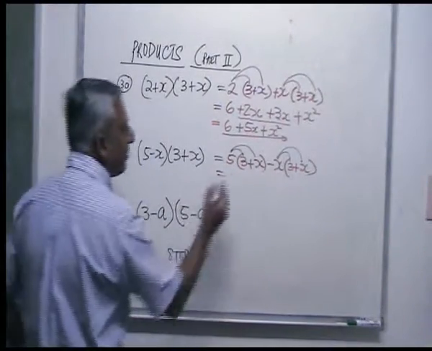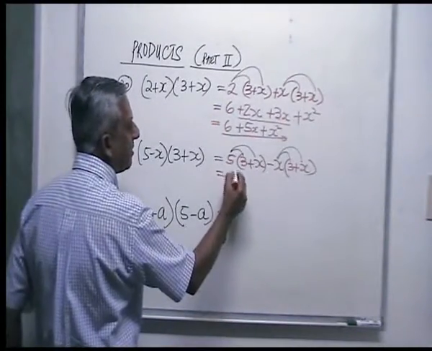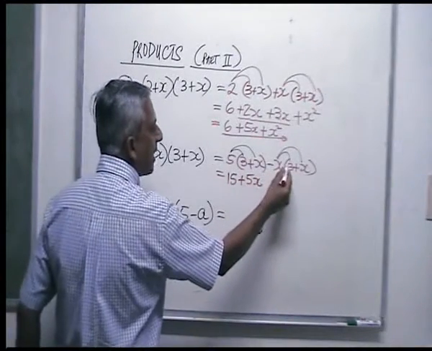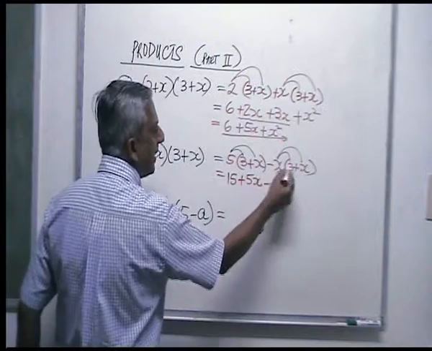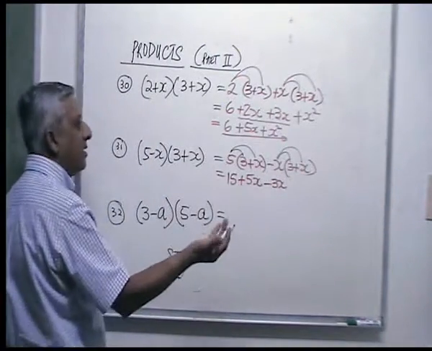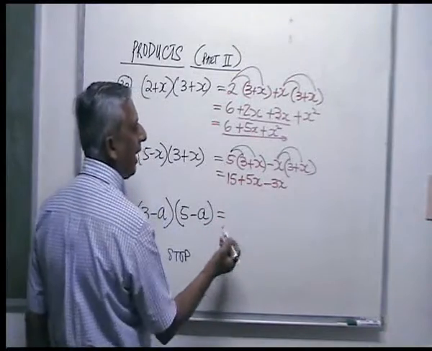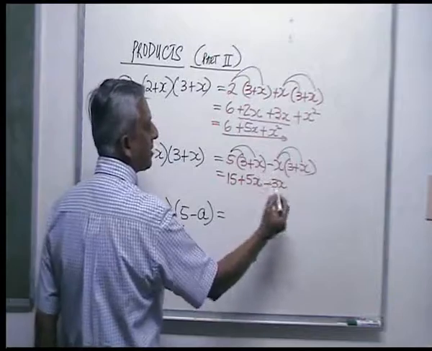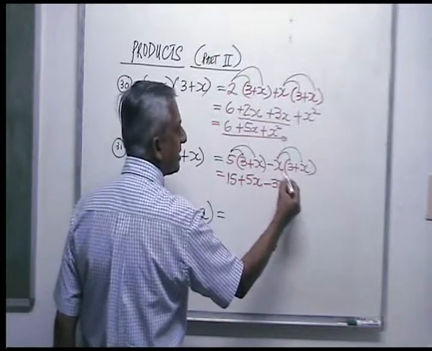Okay, so 5 times 3, 15. 5 times x, 5x. Minus times plus is minus. X times 3 is 3x. We don't say x3, we say 3x. Minus times plus is minus.